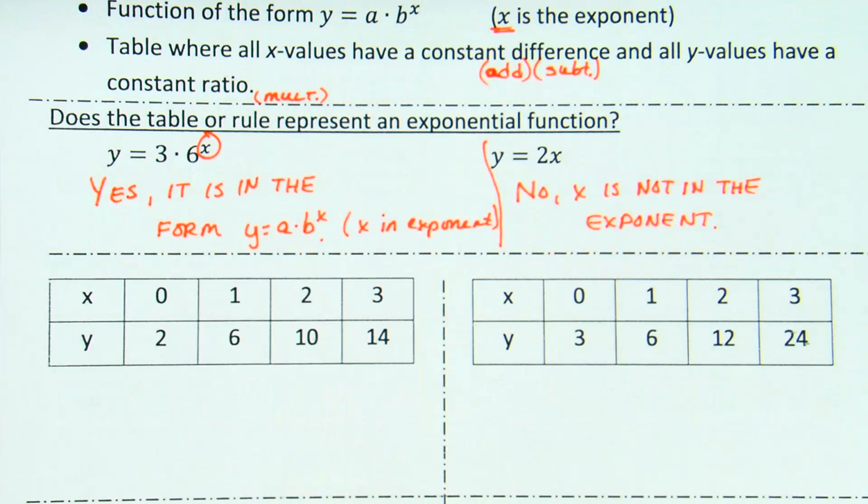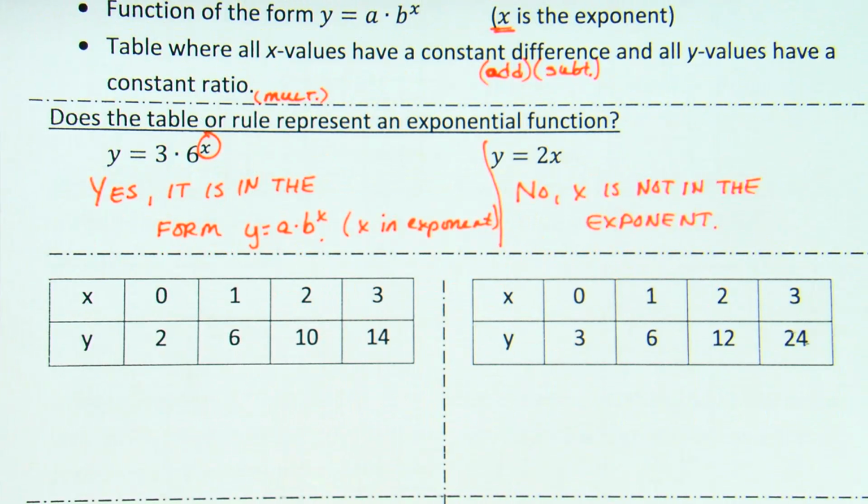Let's look at these tables. Again, we're trying to identify, do these represent exponential functions? What was the shortcut I gave up above? Go back and read it then. X values have a constant difference.